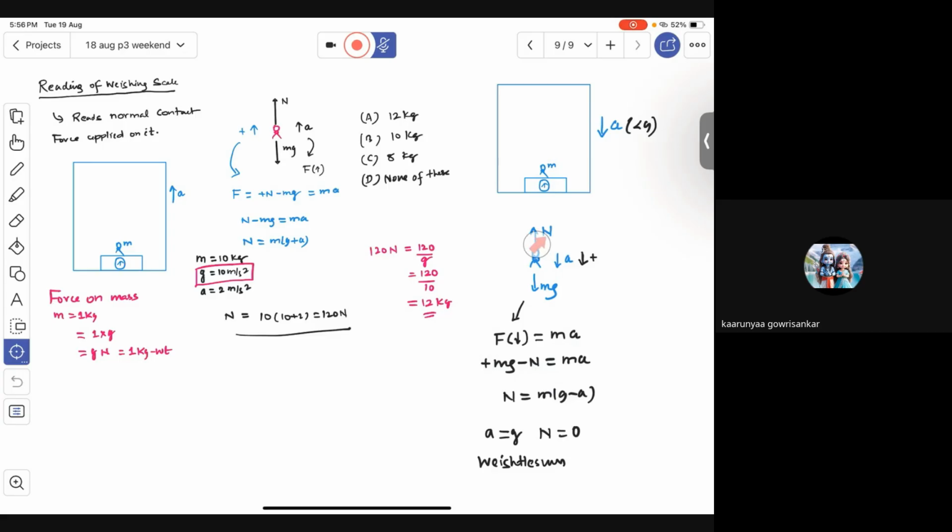Suppose I assume normal contact force upward and our answer comes negative, it means the normal contact force would be acting down. But the normal contact force applied on that person by the surface he is standing on will not be downward. The surface is not pulling him towards itself; it is pushing him away from the surface. So how can normal contact force be down? If this lift goes down with an acceleration more than g, you will not remain in contact with the surface of the lift, because you will be moving down with an acceleration g, but the floor is going with more than that.